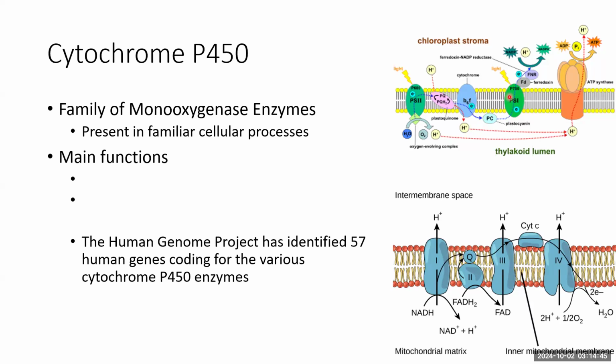I'm not going to ask you to know the Z scheme or know anything about photosynthesis. It's just here for you to see. So here's photosynthesis, Z scheme. Here's the electron transport chain in our mitochondria, making ATP. And we see cytochromes in both of these.